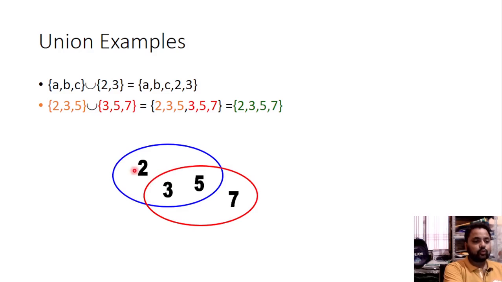So here 2, 3, 5 are the elements of set A. I am denoting this first set by A, and same 3, 5, 7 are the elements of set B. So here 3, 5 are the common elements, but in union you can see 2, 3, 5 and 7. If we are combining both the sets, then 2, 3, 5, 7 are the elements of this union.